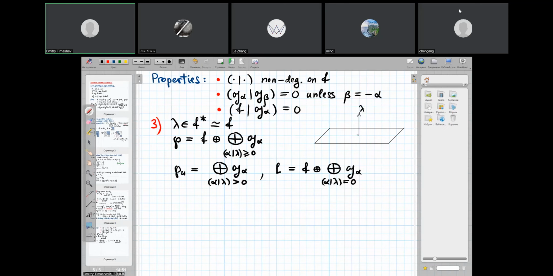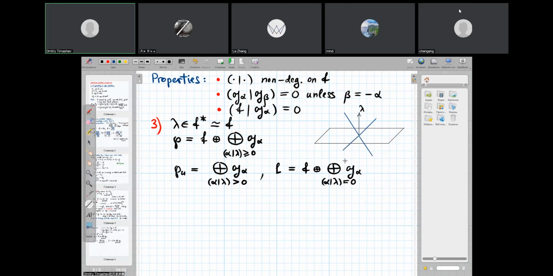This is the orthogonal hyperplane. And also we have roots. Maybe roots will be in blue. For instance, this one, maybe this one. Of course, we have opposite roots in all cases. This will be the opposite root to that one, and this will be the opposite root to this root.